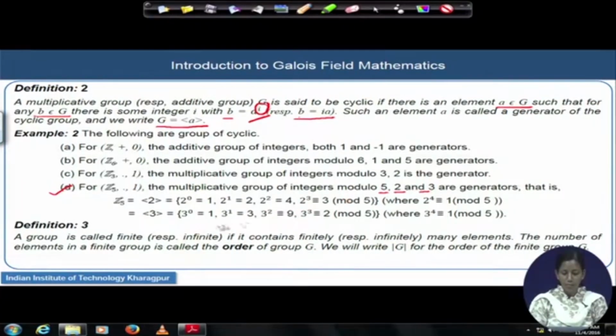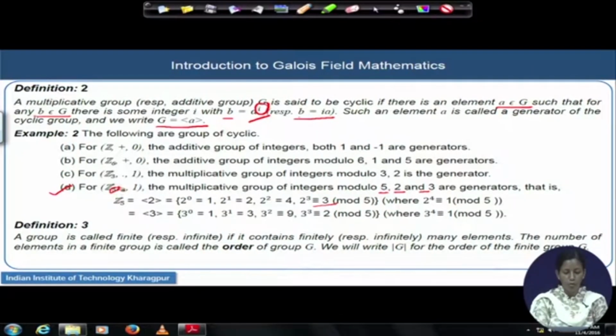With respect to 2, you start like this: 2 to the power 0, and you keep on increasing the value of i equal to 0, 1, 2, 3, one by one, and you will get all the elements. 2 to the power 0 is 1, 2 to the power 1 is 2, 2 to the power 2 is 4, and 2 to the power 3 is basically 8, but after the mod 5 operation, dividing by 5, the remainder is 3.